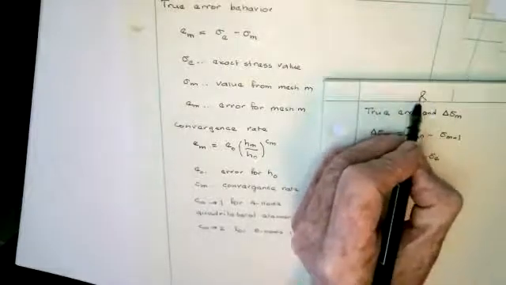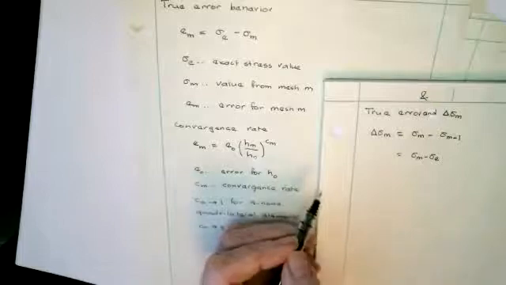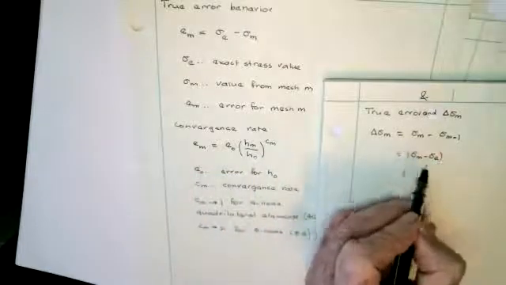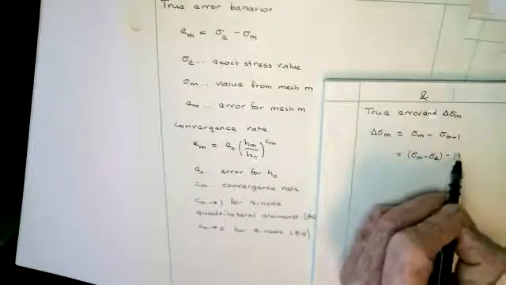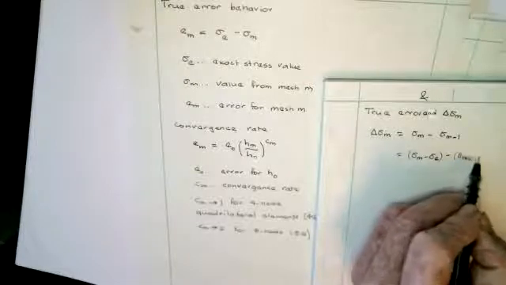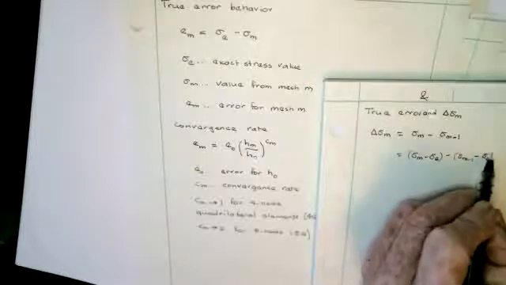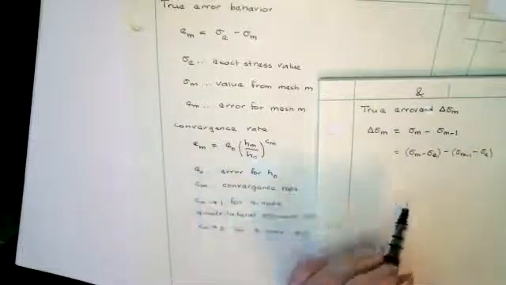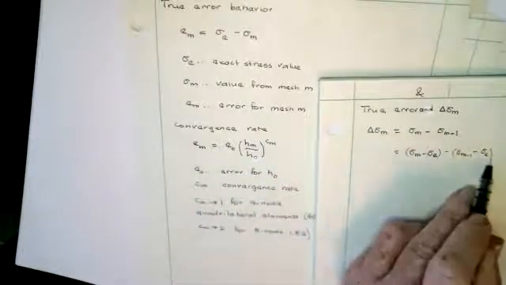Okay. Sigma M minus sigma E minus, and I've really done nothing here. This is minus sigma E minus sigma E, the two cancel.